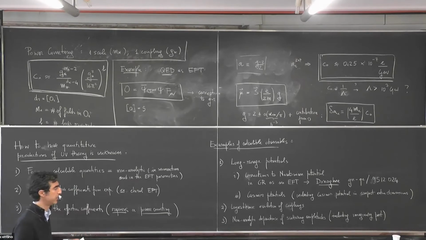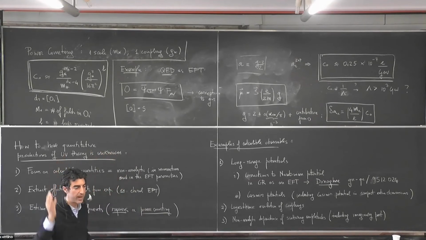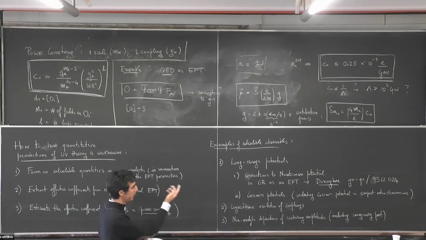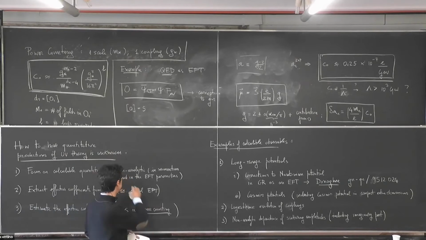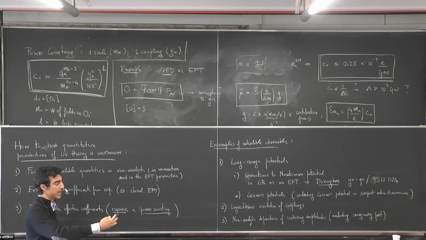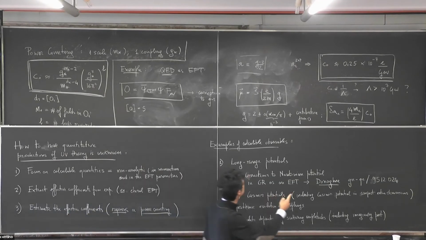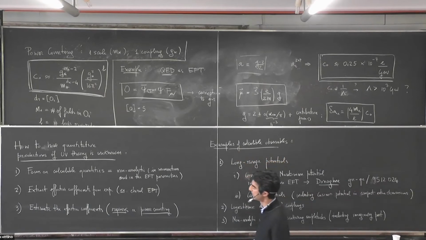In other words, if your fields in the UV couple only through covariant derivatives and not directly with the field strength, which would necessarily be a non-renormalizable interaction, and the theory is weakly coupled in the UV, then when you match it to the effective field theory, which in our case is QED, necessarily you will need at least one loop to generate the operator O.